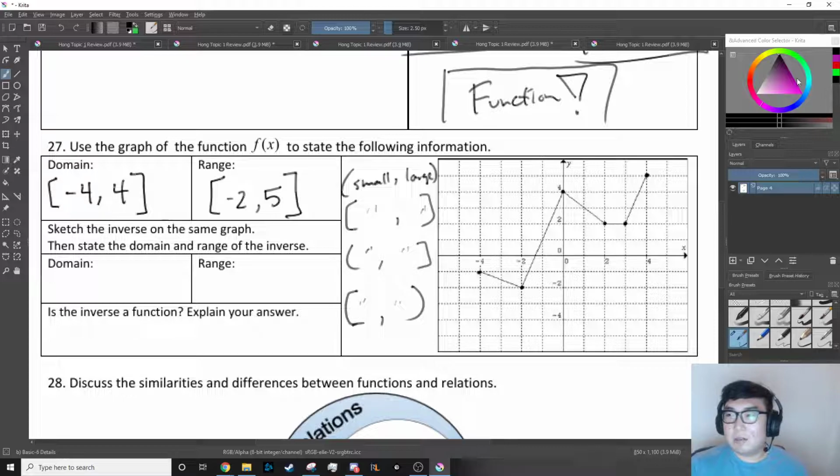I don't know why I used that area, so I'm going to erase this. I'm going to erase all this.